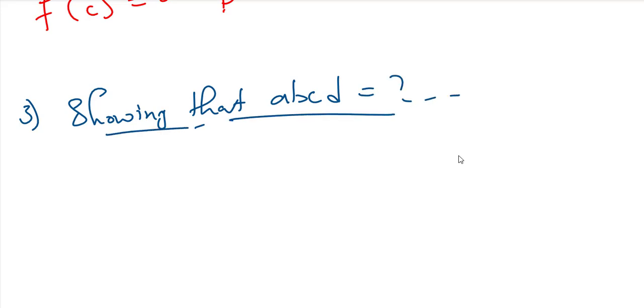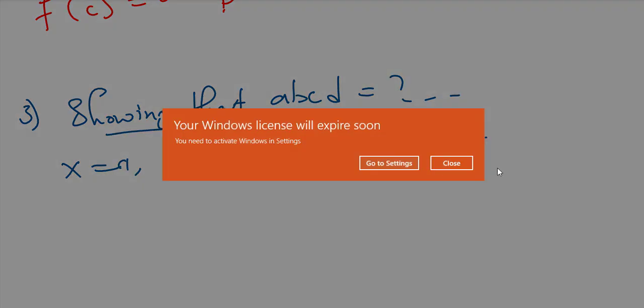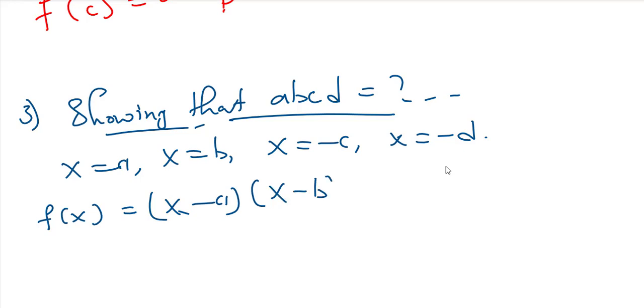Okay, so to do this, as I said, x is equal to a, x is equal to b, x is equal to negative c, x is equal to negative d are factors. So if we write this in terms of product of factors, we are going to have that our f of x will be equal to x minus a times x minus b times x plus c times x plus d.